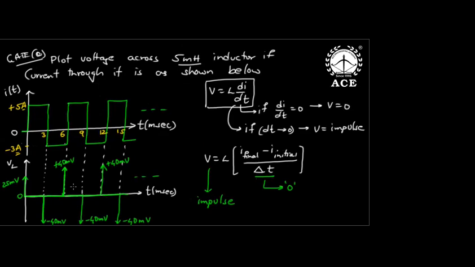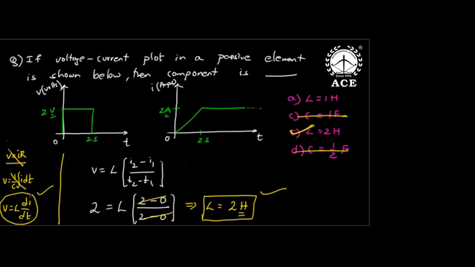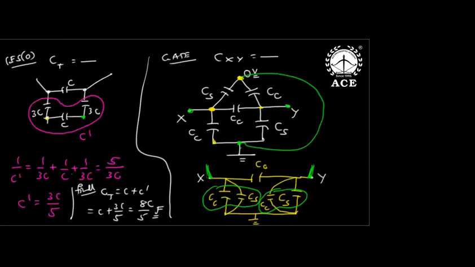Sir, one more thing, like today's last problem, the equivalent capacitor. Tell me. Sir, there the polarity would be different, no? For C1, the positive terminal would be at top, and for C2, the negative terminal would be at top. See, suppose this is positive and this is negative.